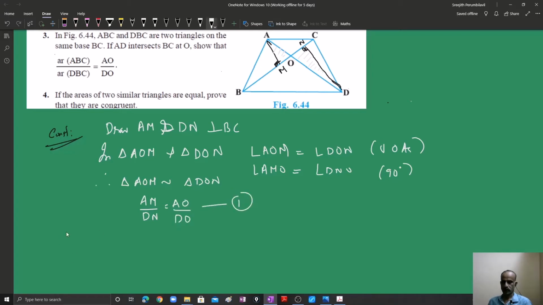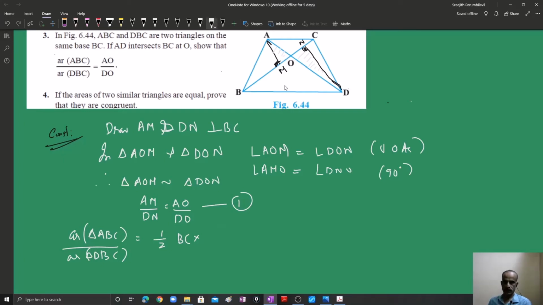Keep it there. Now what is asked? We have been asked to find the area of triangle ABC divided by the area of triangle DBC, that is equal to half into base BC into altitude, what is the altitude?